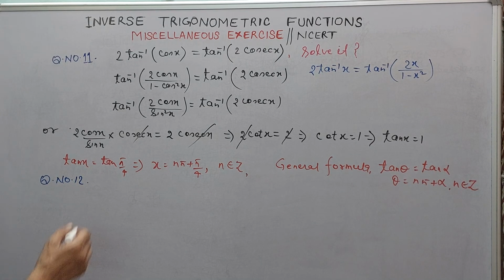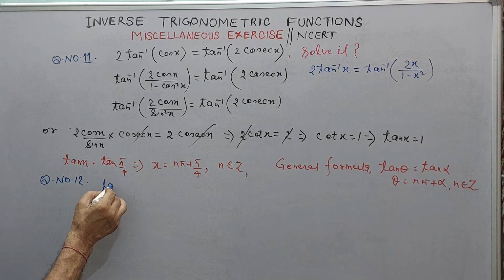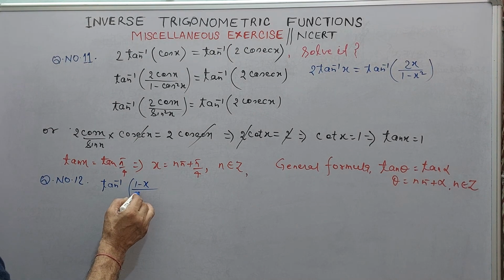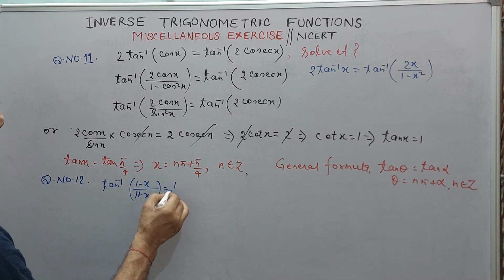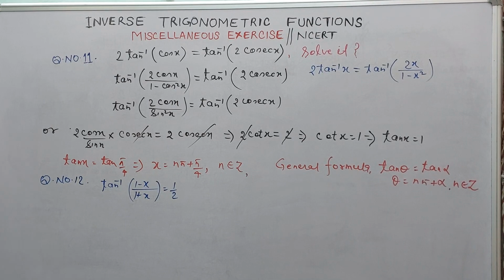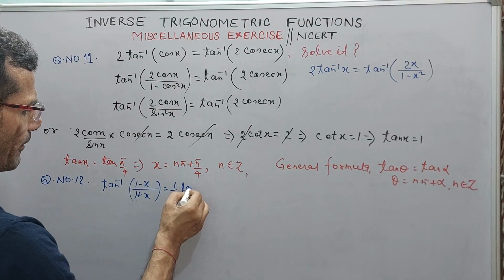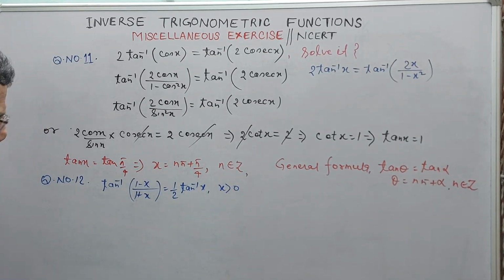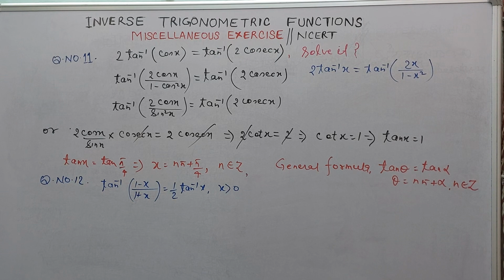Tan inverse of 1 minus x divided by 1 plus x is equal to half of tan inverse x, here x is greater than 0. Yes, so this is our value.